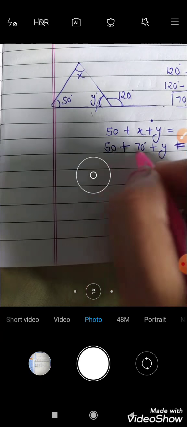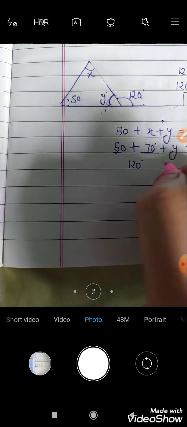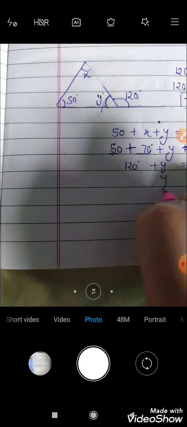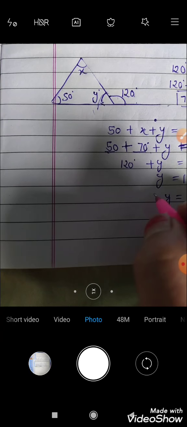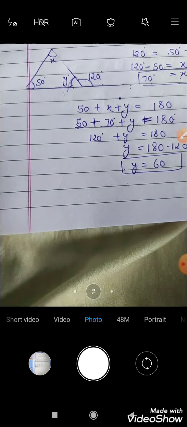Now first we are going to sum 50 and 70 degree. So we have 120 degree plus y is equal to 180. Y is equal to 180 minus 120, and we have 60 degree. So value of x is 70 degree and value of y is 60 degree.